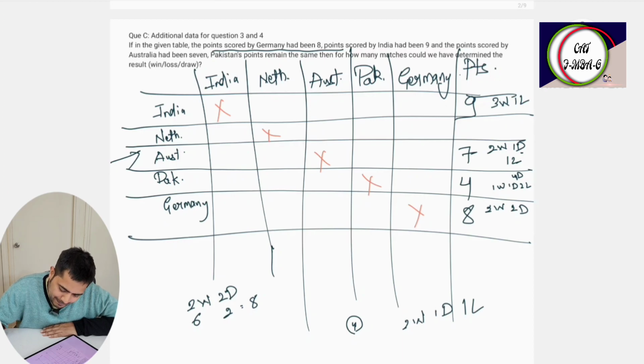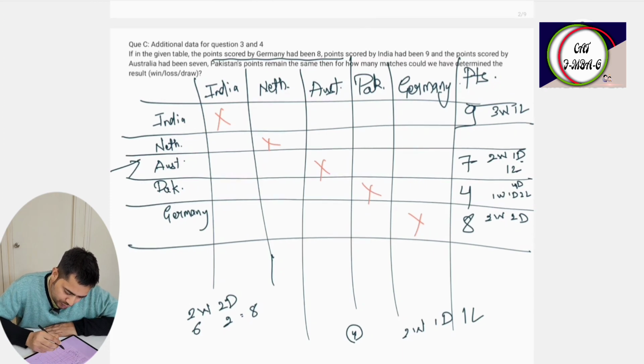So let us say 1 draw of Germany is against Australia. So the Germany, Australia draw is there. Okay. Now Pakistan has 1 win, 1 draw and 2 losses.